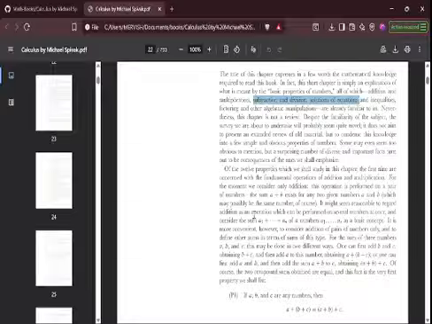Okay, it is more convenient, however, to consider addition of pairs of numbers only, and to define other sums in terms of this type. For the sum of three numbers a plus b plus c, this may be done in two different ways. One, we can add a plus b, and then add the number c. Okay, we know this.